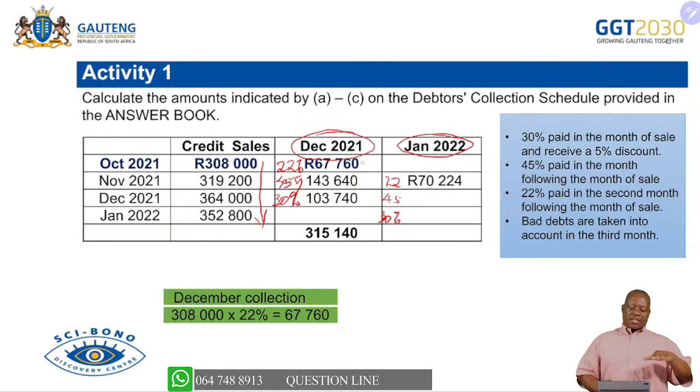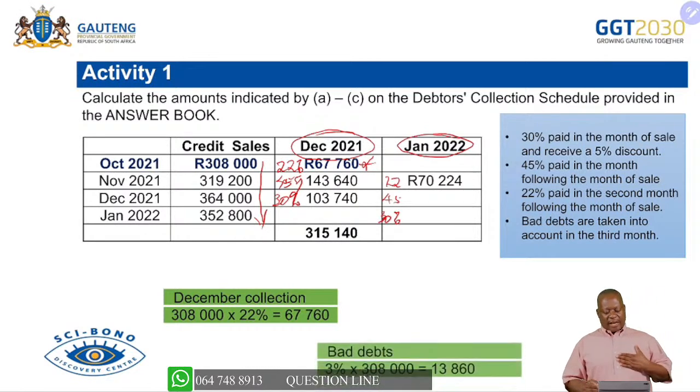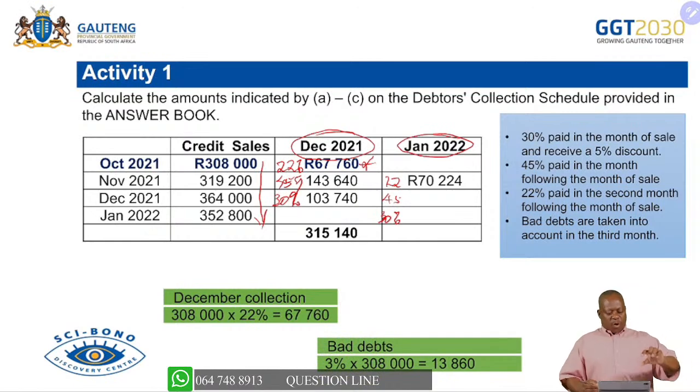So we check what is the credit sale for October, 308,000 times 22% of that. We get our 67,760. And you can see where we are entering that. The collection for December.